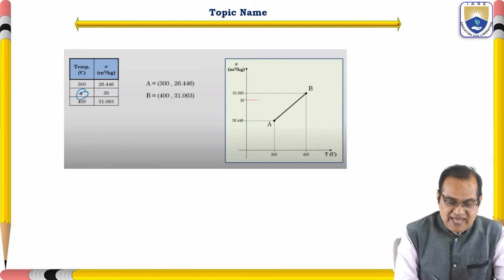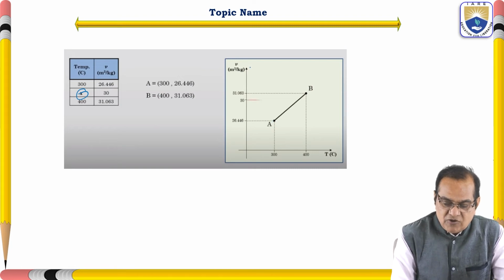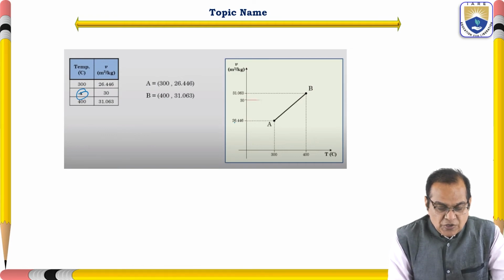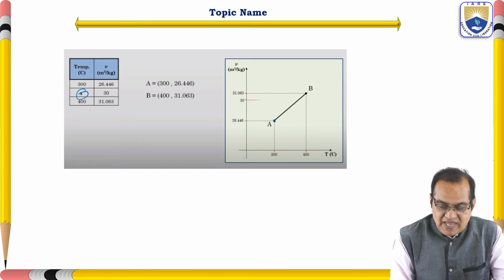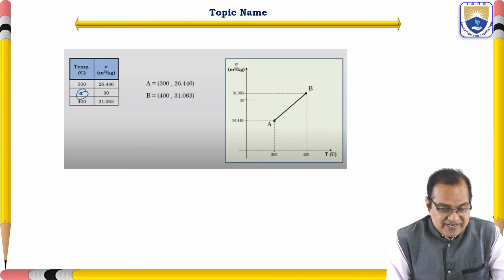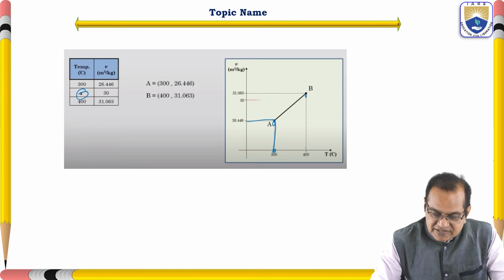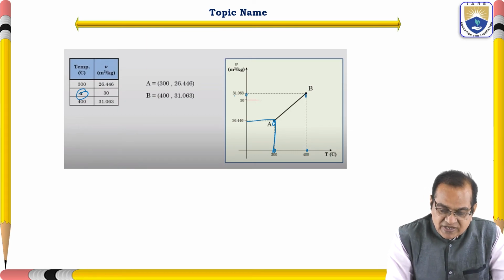So A is here. We have the specific volume and temperature plot. A is given, 26.446. This you have got at 300 degrees centigrade, this point. At B, you got 400 degrees centigrade, this is the 400, and you got 31.063.